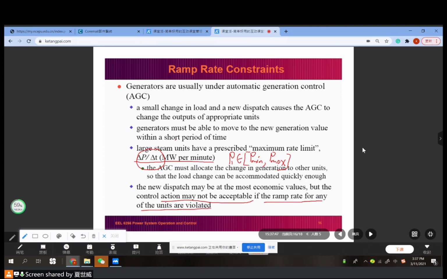That means if you change from T to T plus 1, for example, this is P1, this P1 plus delta P1. If this delta P1 is too large, maybe it does not satisfy this constraint, then the solution is impossible, because you can't change delta P so much in a short time period, for example, 1 minute.